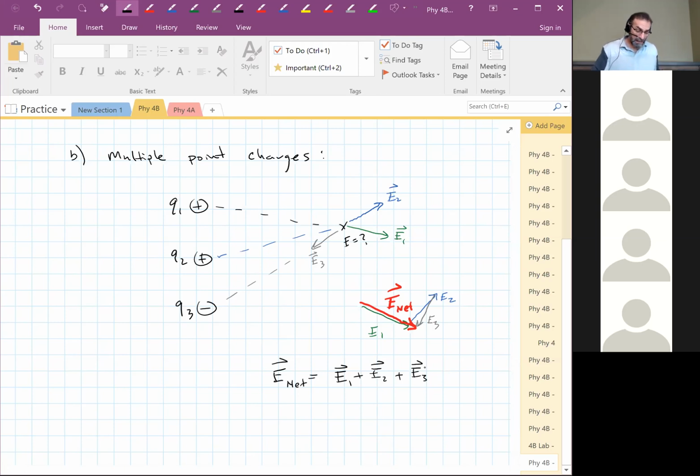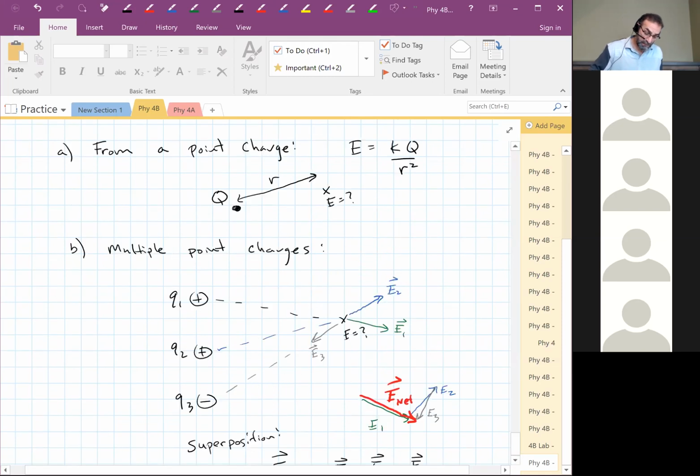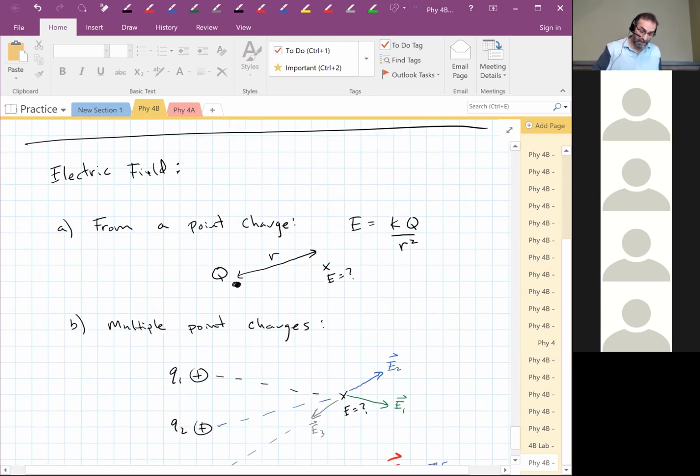So we add them up. What's that called? Superposition. We just add up the field from each individual charge, and that ends up being the net field. So, okay, we've got a single point charge. We've got multiple point charges. What's next?